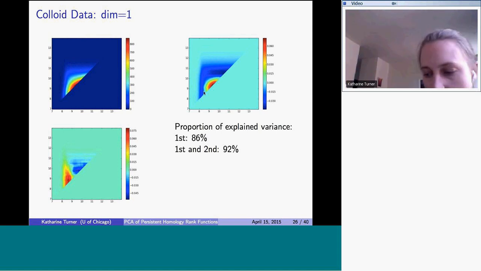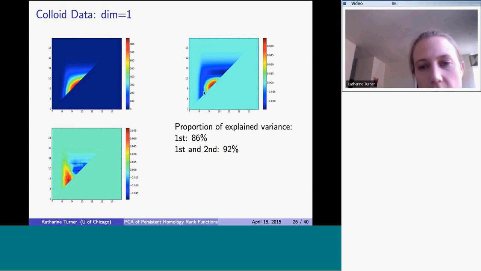One of the other advantages of functional principal component analysis is that information about these principal component weight functions may be able to tell you something about the structure of your data. The bottom one is the second principal component. The proportion of variance I've got written here, 86%, is a lot in and of itself, a very reasonable amount to just leave it at that.